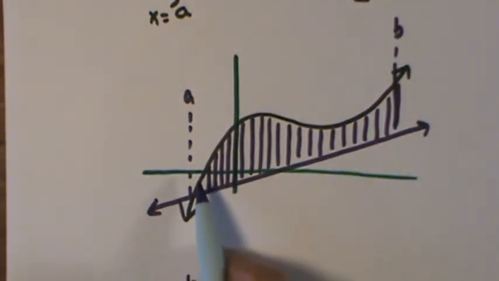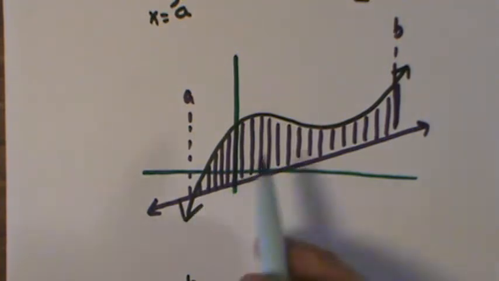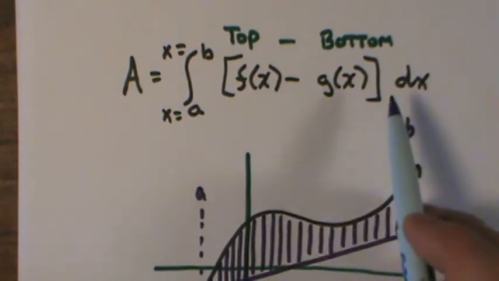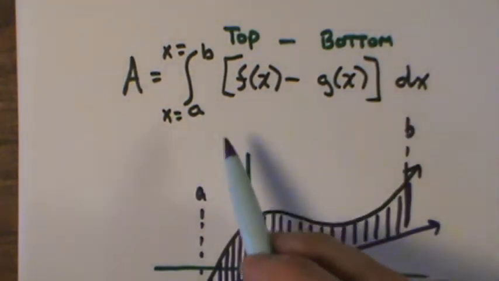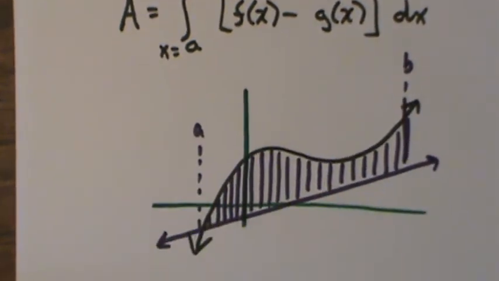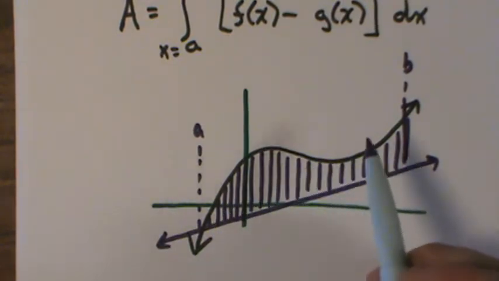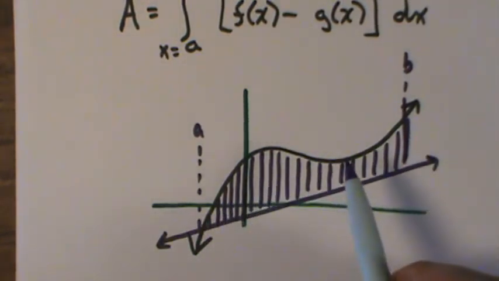This is simply a height, and then we have a width that is dx. Height times width, when you integrate it, you're just adding all those up. It's an infinite sum of all those rectangles, which gives you that exact area between those two curves.